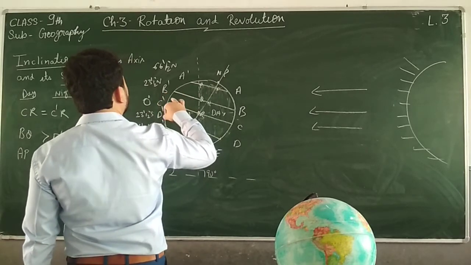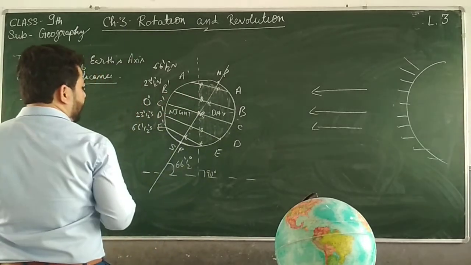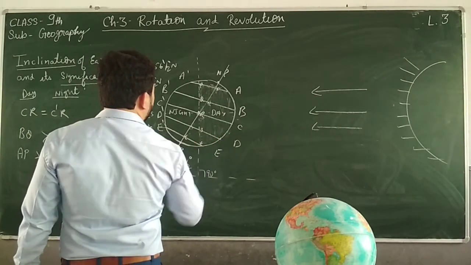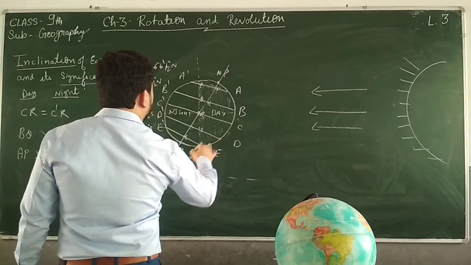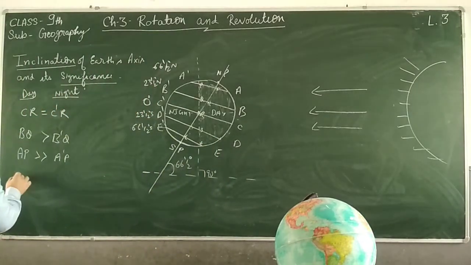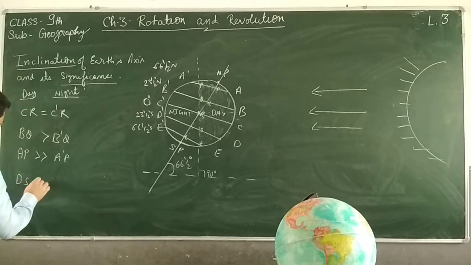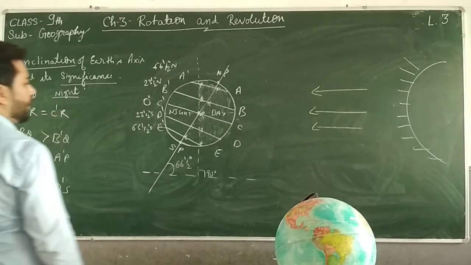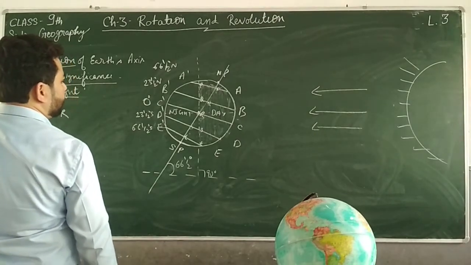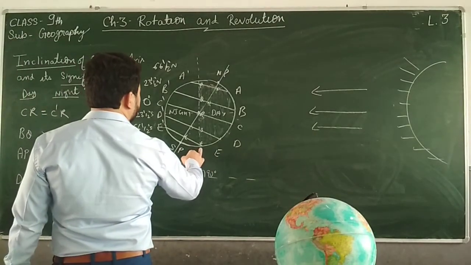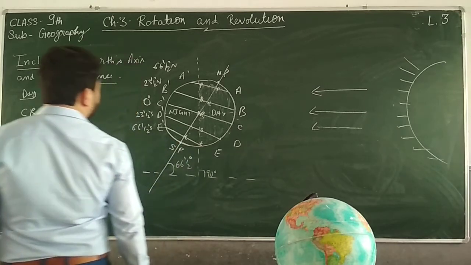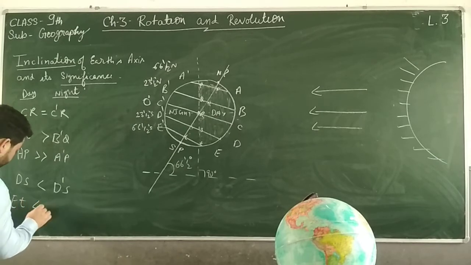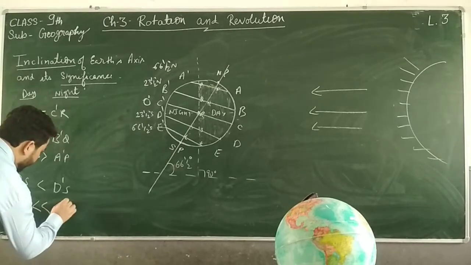AP is longer than A dash P. Likewise, if we come into the Southern Hemisphere, we will see that the length of DS is shorter than the length of D dash S, and the length of ET is much shorter than the length of E dash T.